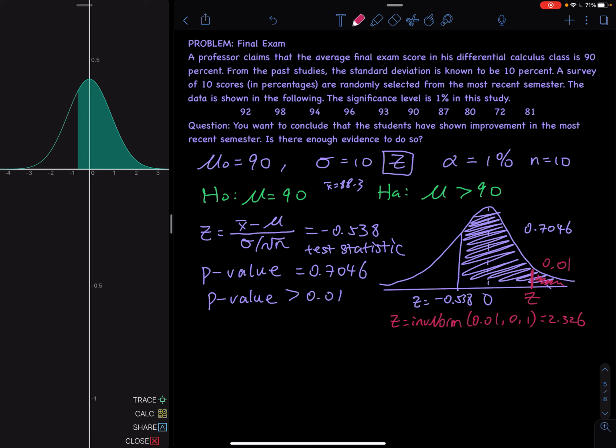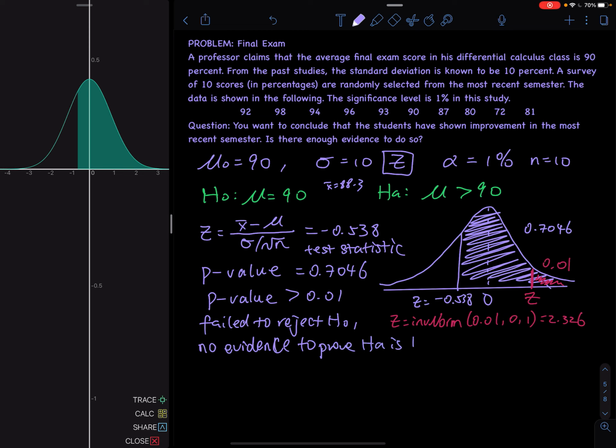All right, so back to the conclusion. Since p-value is greater than alpha, we fail to reject H naught. That means there is no evidence to prove HA is true. What does that mean?